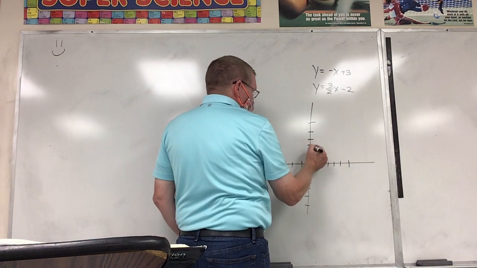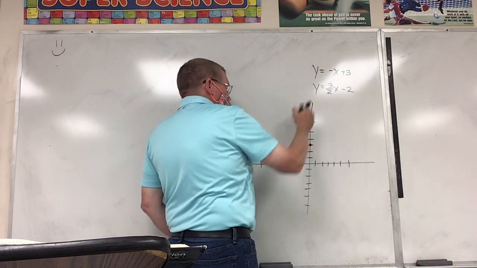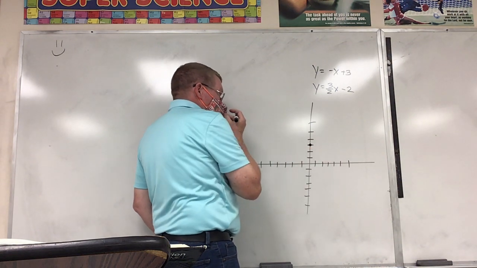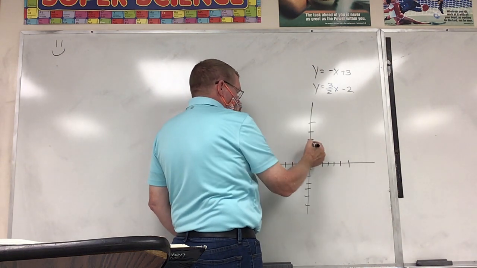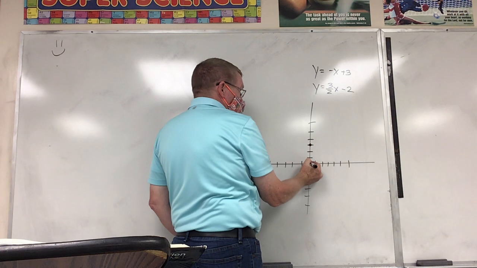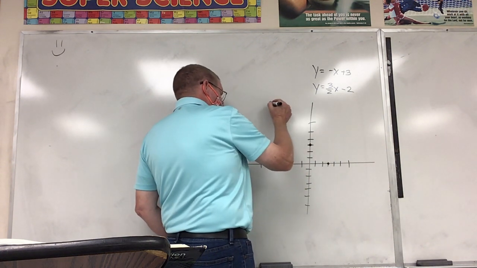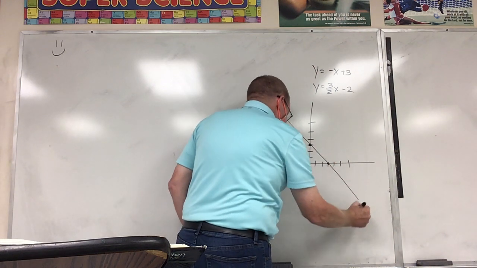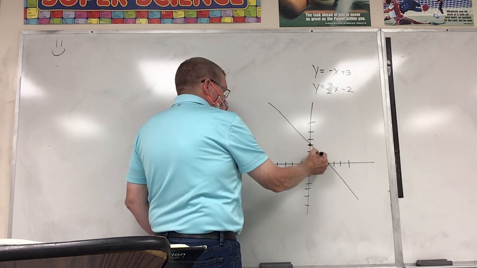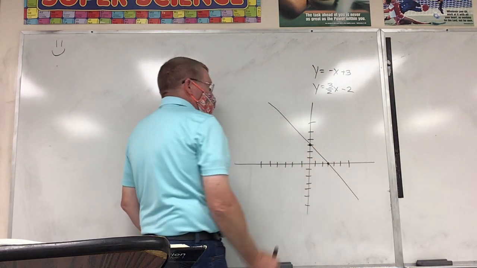First one, my y-intercept is 3. Down 1 and across 1, down 1 and across 1, down 1 and across 1. So there's my line.